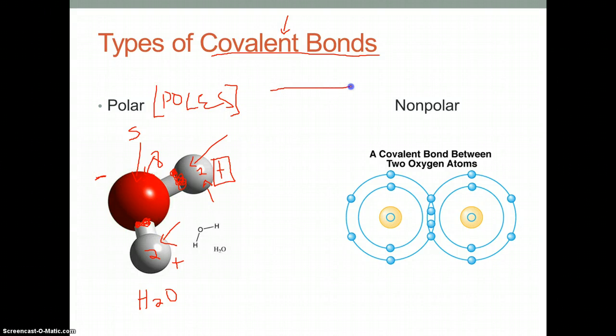If we have a rope here, and here's the center, and here are 2 people, and then here's another person, and let's say this person is stronger. Let's say this is the electron, and this guy is strong, this guy is weak, so this electron will always be closer to this person. That's the same thing that happens with oxygen and hydrogen, and this creates a charge and makes oxygen negative and hydrogen positive.